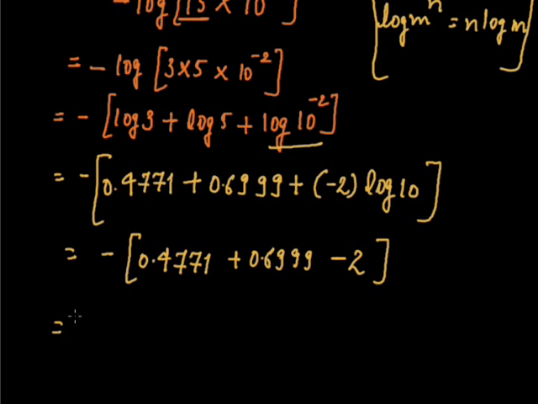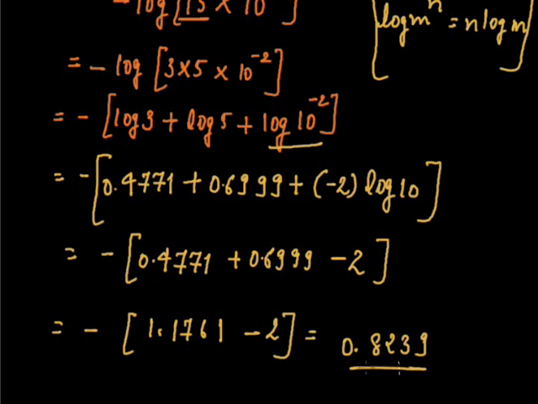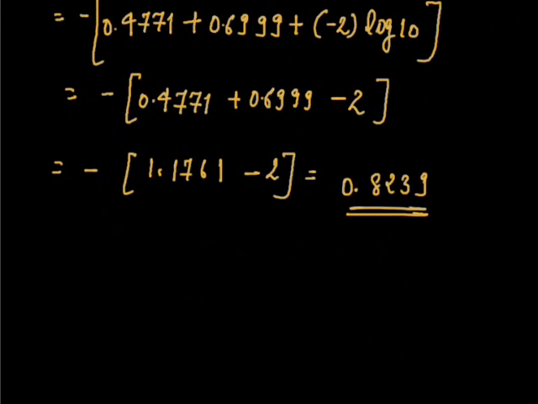So the value comes out to be minus of 1.1761 minus 2, which will be equal to 0.823.